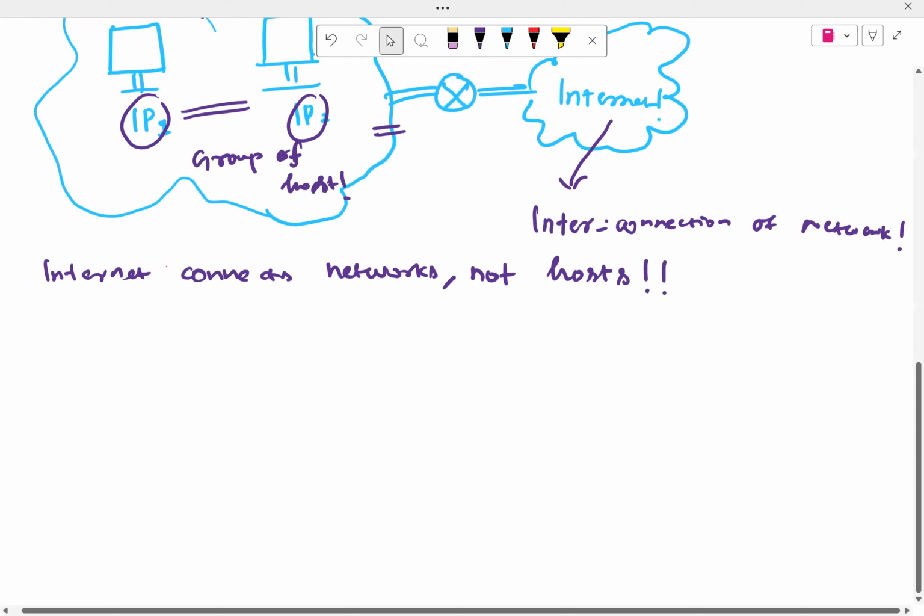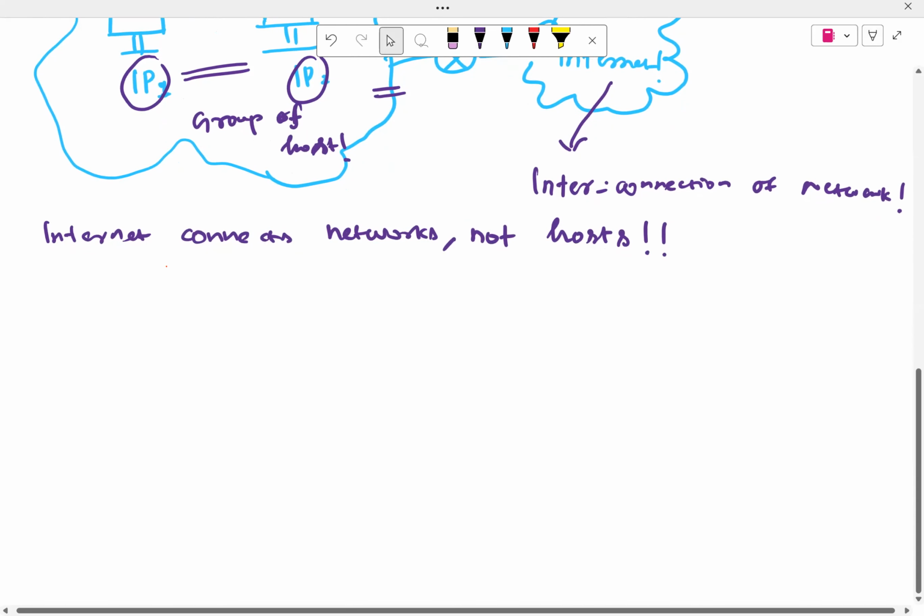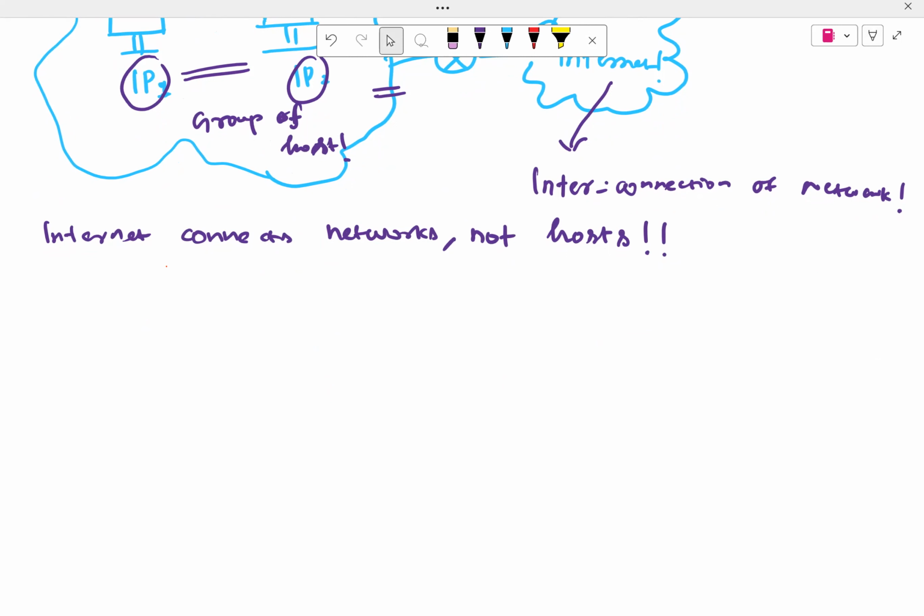That's how the notion of network came into the picture, where we call this a LAN, that means local area network.